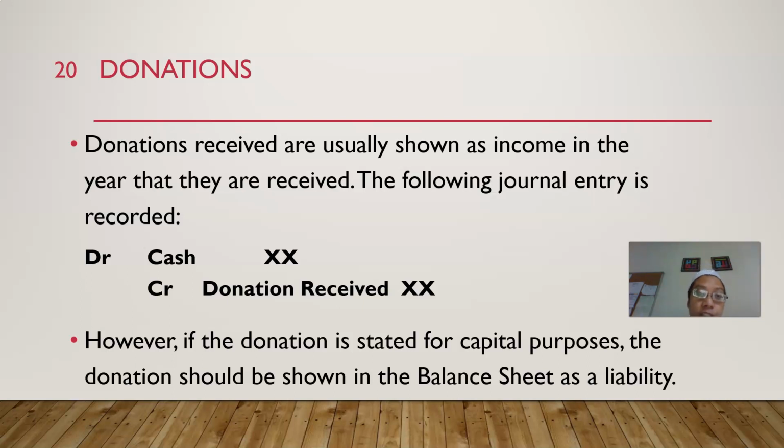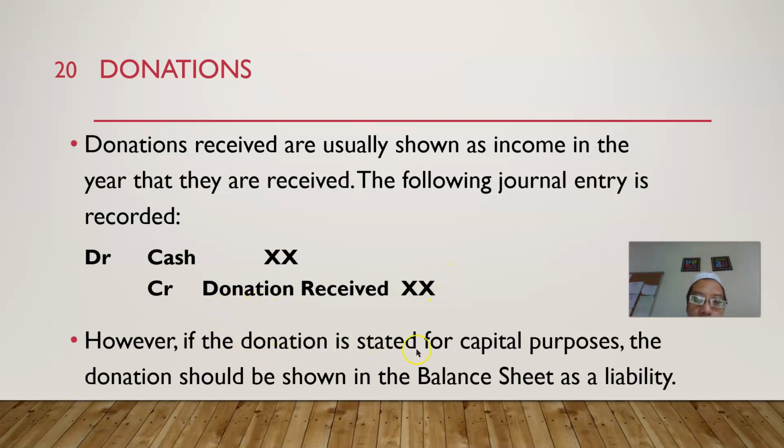Donations received are usually shown as income in the year that they are received. Whenever an organization receives a general donation, they should immediately recognize it as income. To recognize it as income, we debit cash, of course, because our cash increases due to the donation, and then we credit donation received, which is a revenue account.